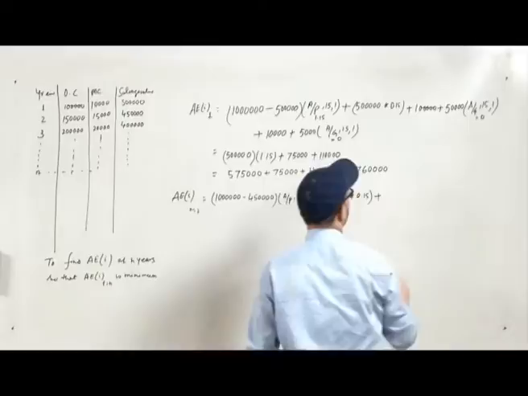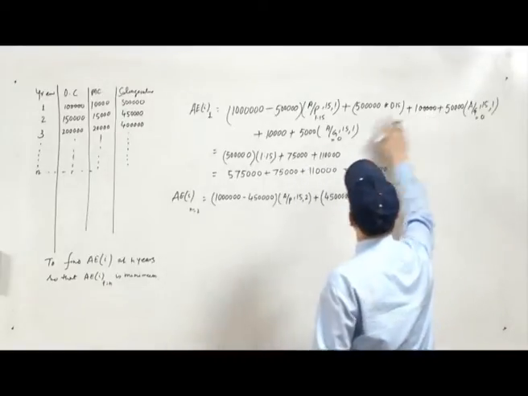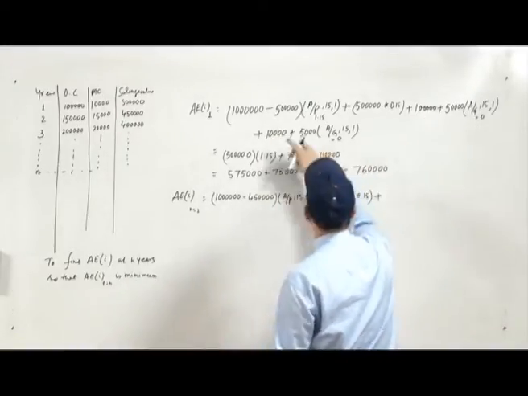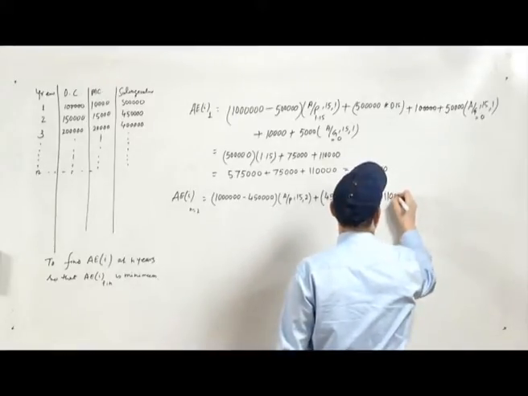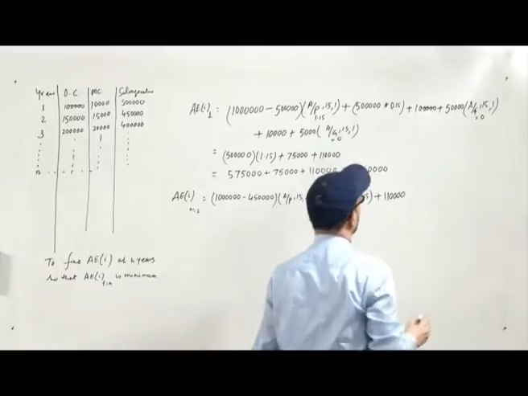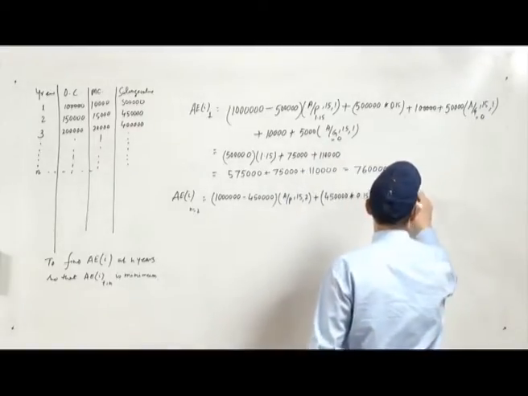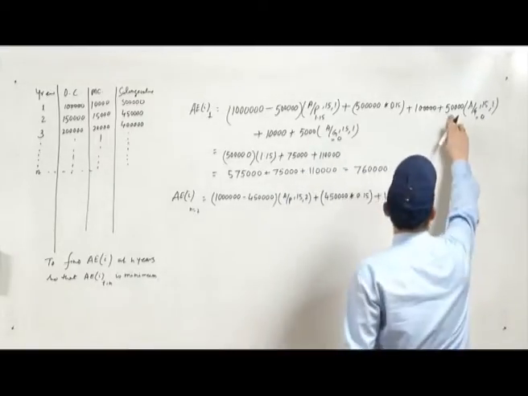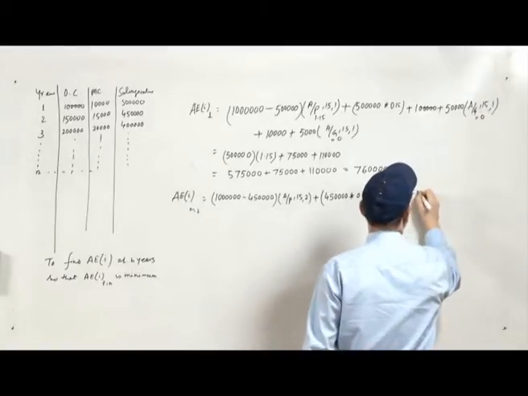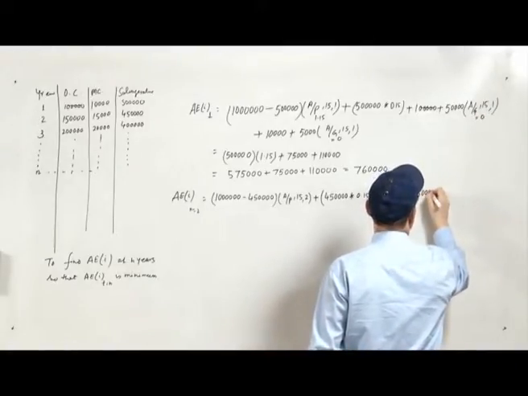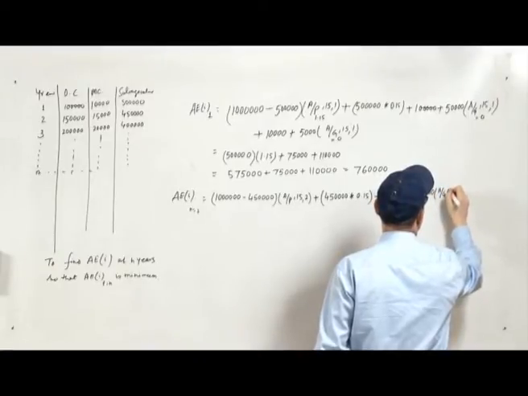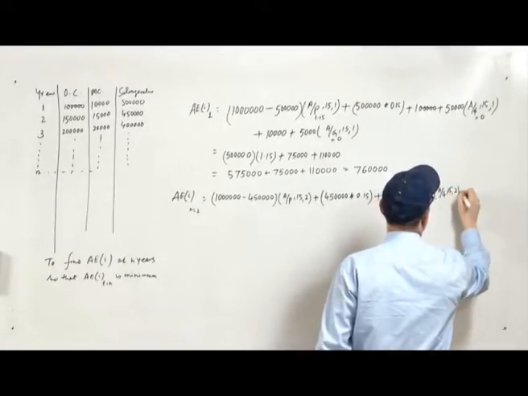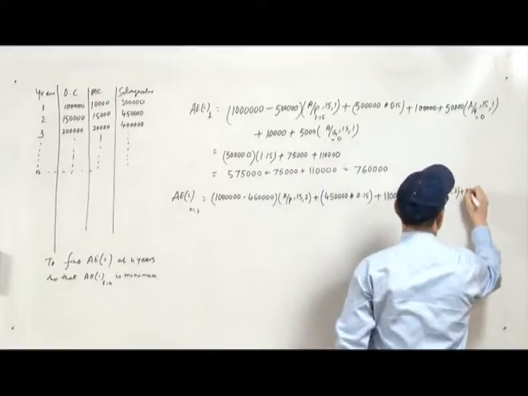Now we can have the general expression. In this expression these two are the fixed amounts. So, we can directly write 1,10,000 plus 50,000 A by G 15,2 plus 5,000 A by G 15,2.